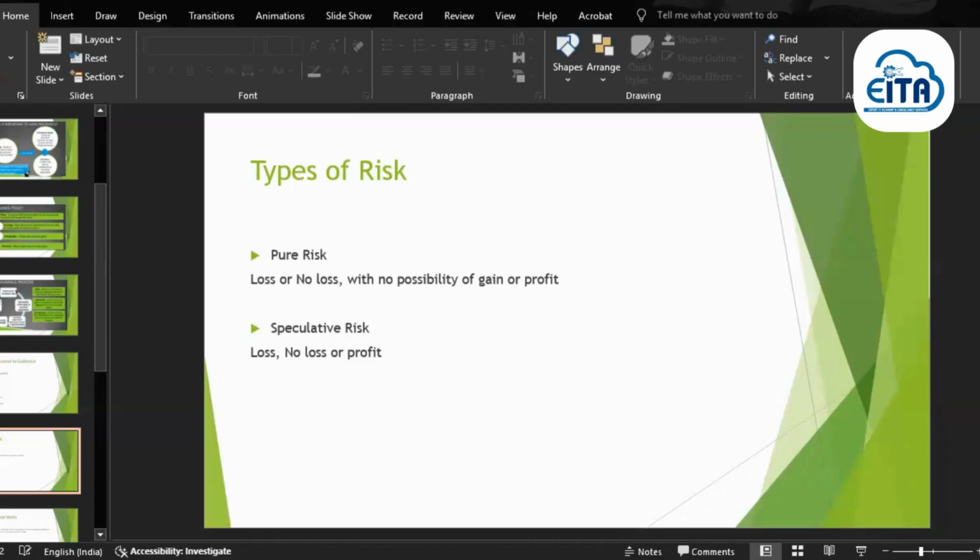A no-loss situation is, say, I've been paying the insurance company for 10 years but utilize it only this year, so I get only what I can get this year, though I was paying for the last 10 years. So this is a no-loss situation. Either we are in loss or no loss, but we will not get profit from that.